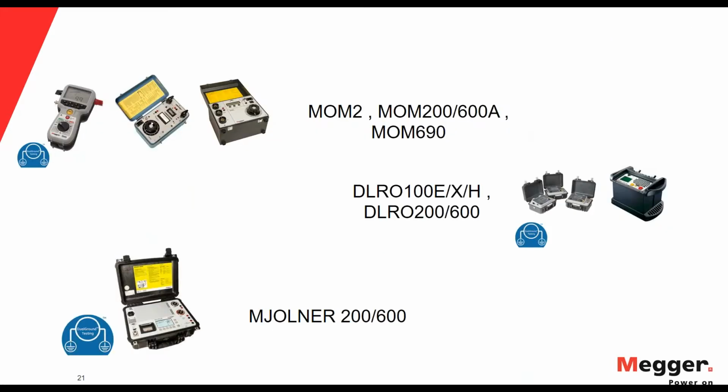Or if you want to do only, for example, SRM or contact resistance, we have a huge range of digital low resistance ohm meters or micro ohm meters with different advantages to each other.